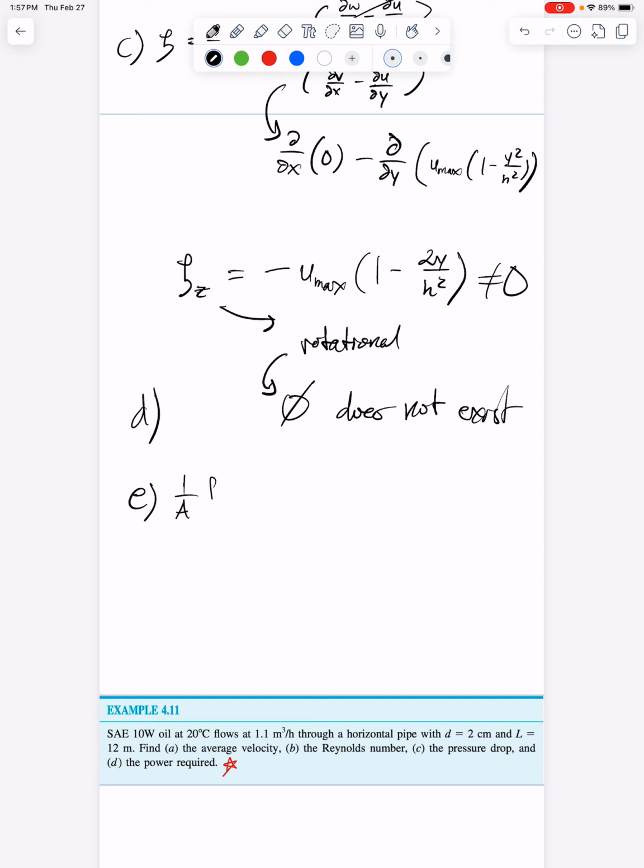You do 1 over A times the integral of v, or your velocity distribution, times dA. So it's basically saying, looking at the cross-section of the pipe, we want to solve for the u velocity coming through that cross-section at each point in that cross-section area, and then divide by that area to get the average, essentially. But u is only with respect to y. We're looking at a 1D flow field.